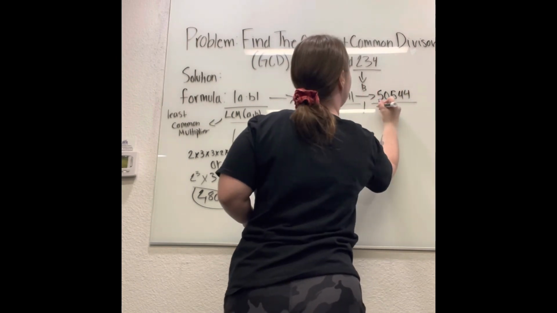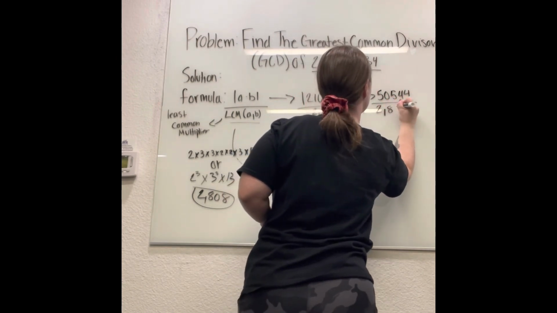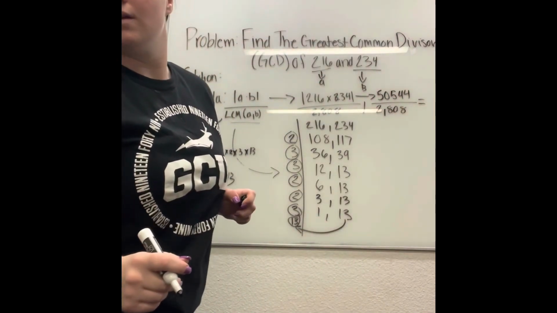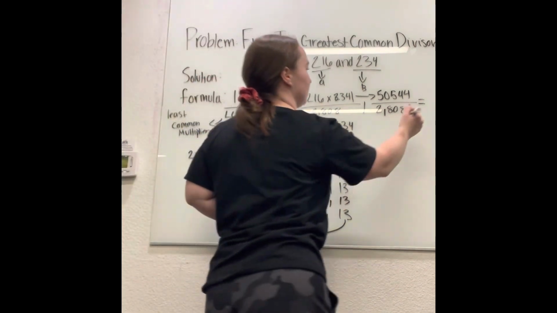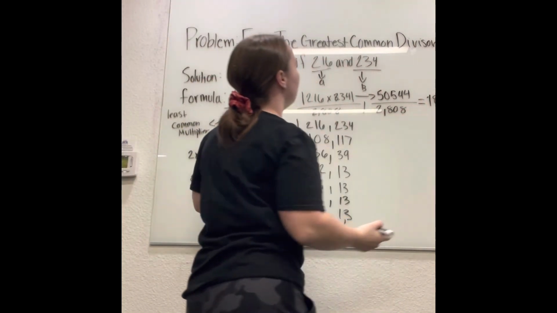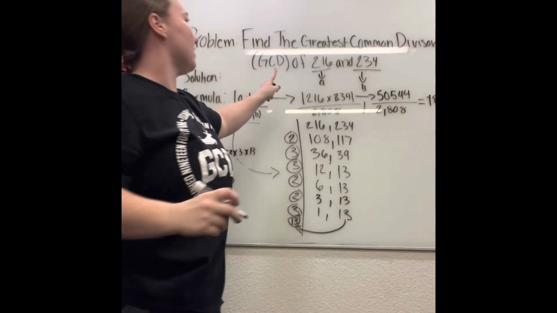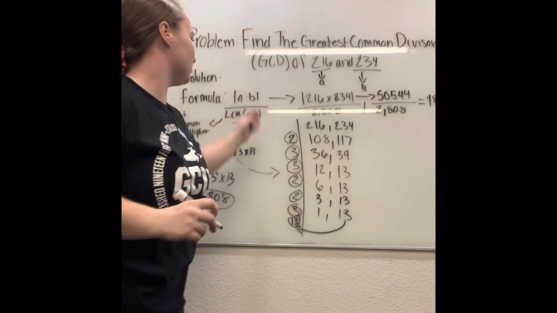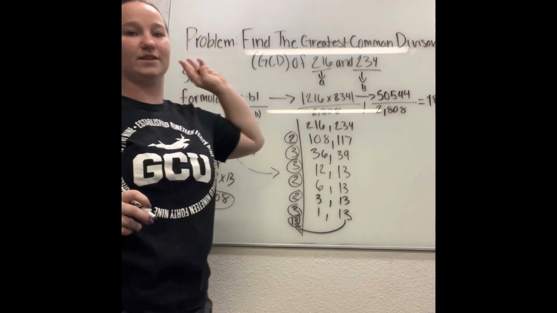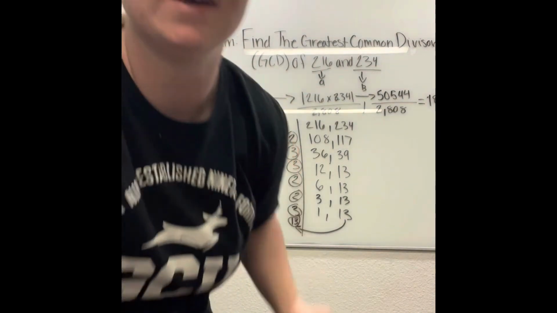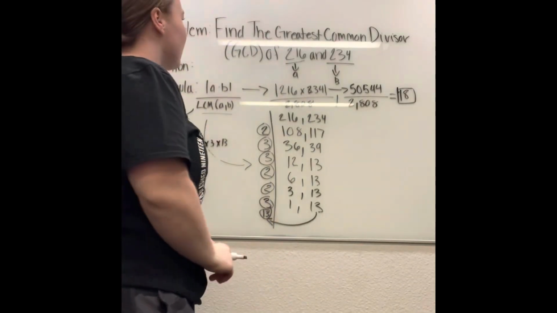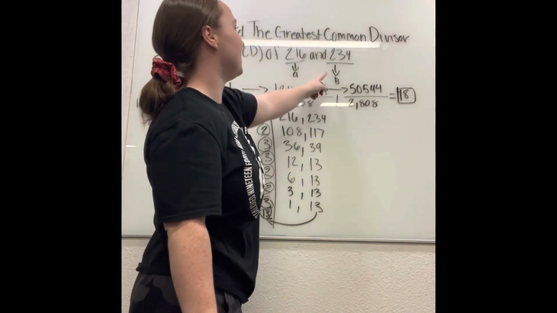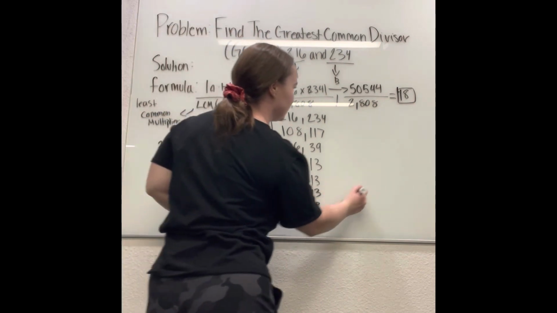Divide all of that by the number 2,808, which equals 18. So the greatest common divisor of 216 and 234 is 18, and we used all of this to find 18. So the answer of finding the greatest common divisor of 216 and 234 is 18.